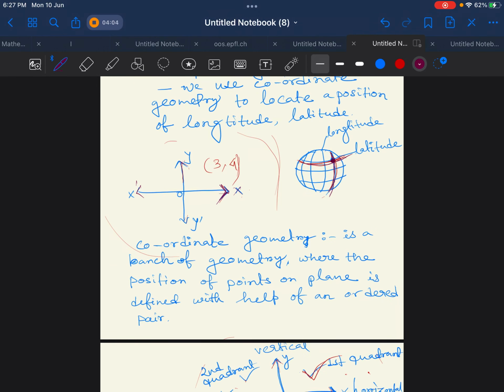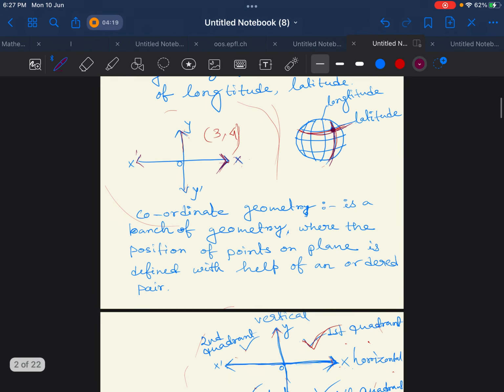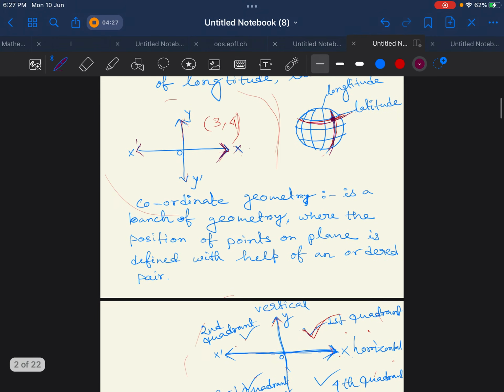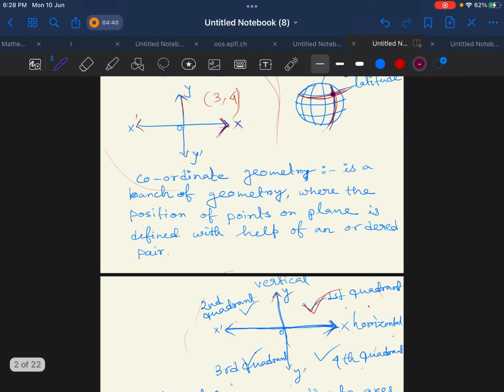Okay, now we have to know coordinate geometry. So what is coordinate geometry? Coordinate geometry is a branch of geometry. We have many topics of geometry, and among these topics we have the basic topic, which is coordinate geometry. It is a branch of geometry where the position of points on a plane is defined with the help of an ordered pair.